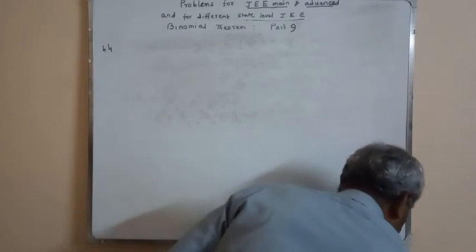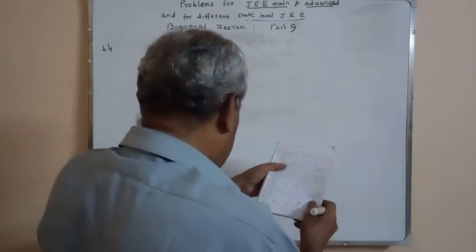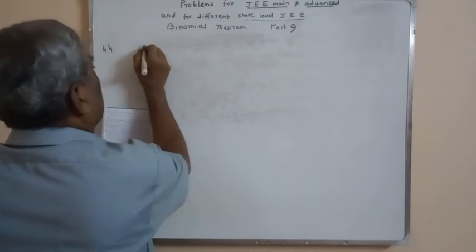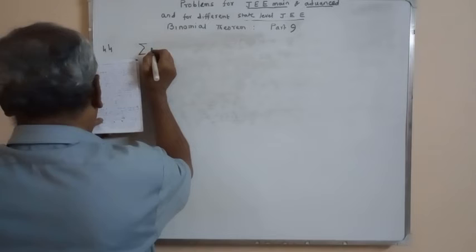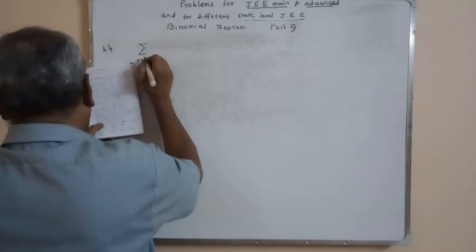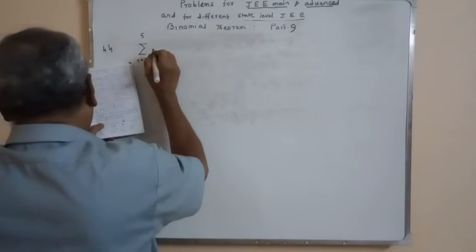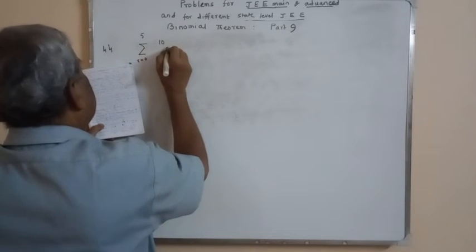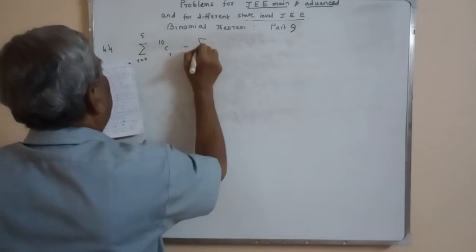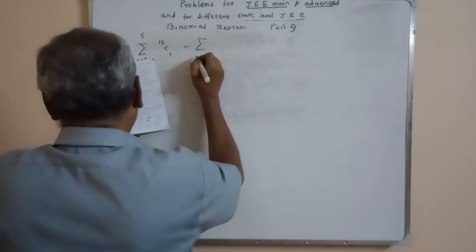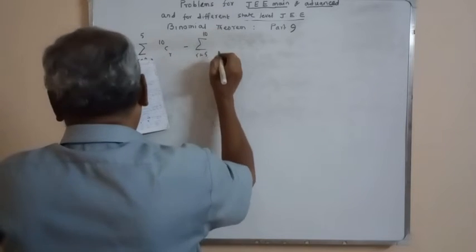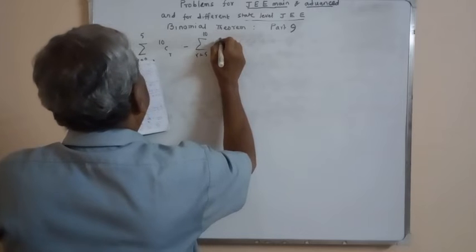Now problem number 44 is: sigma r equals 0 to 5 of 10Cr minus sigma r equals 5 to 10 of 10Cr.